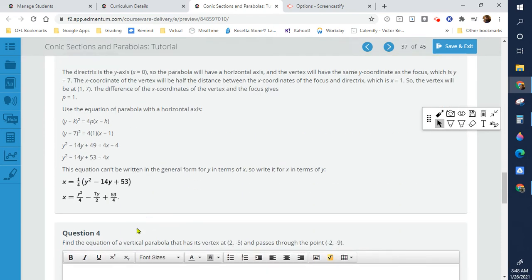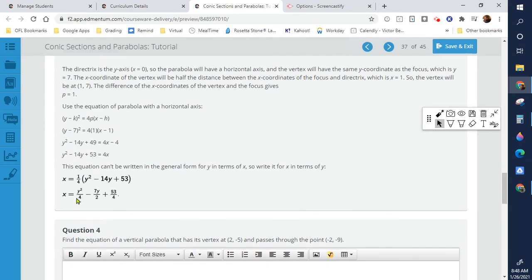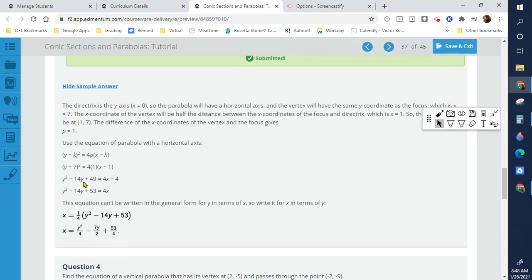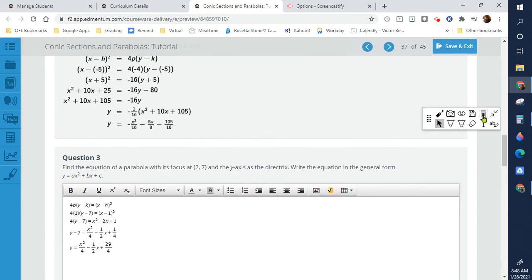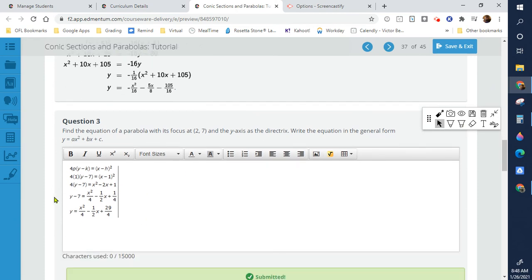And then we can see that, what did I do wrong here? Directrix is x equals 0, not y equals 0. Oh my gosh. Let me fix some letters here, guys.